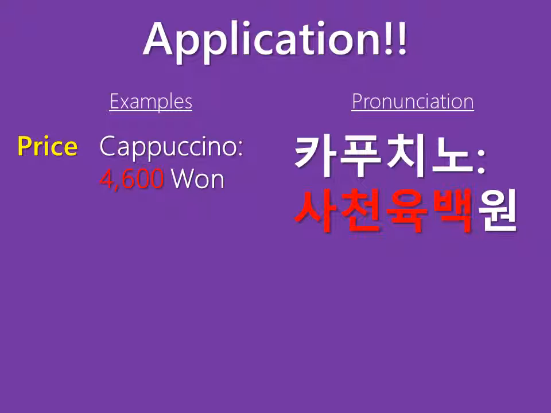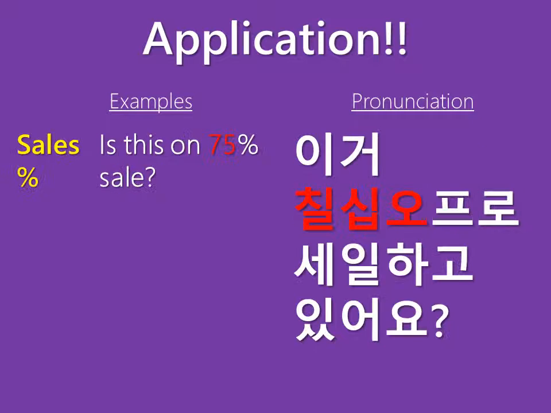카푸치노 4,600원. Sale price. When you go shopping and want to confirm whether this item is 75% discount, you ask, is this on 75 sale?